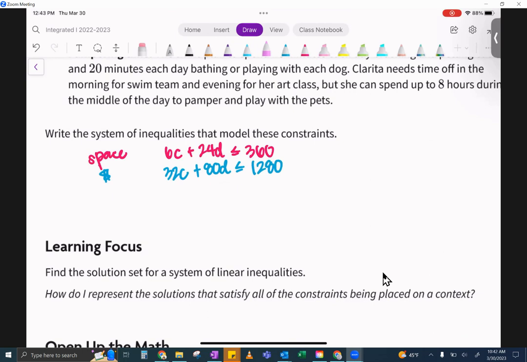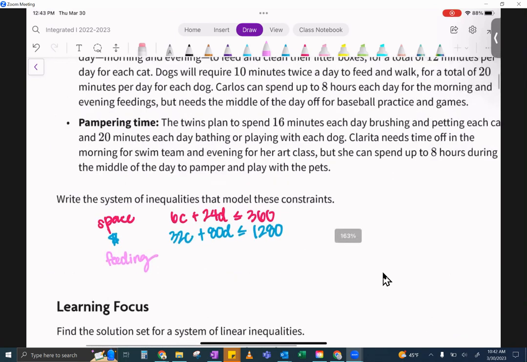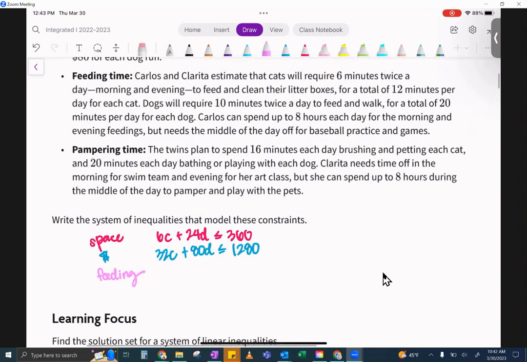And then moving right along, the next one was feeding. It was 6C plus 12D is less than or equal to 480. And this is because we're using minutes.